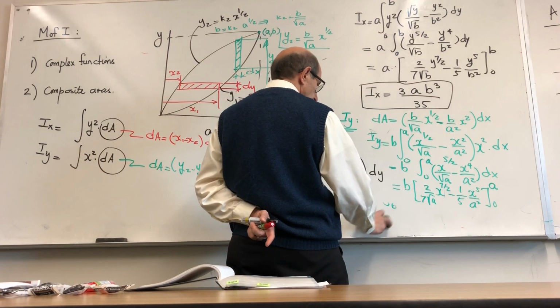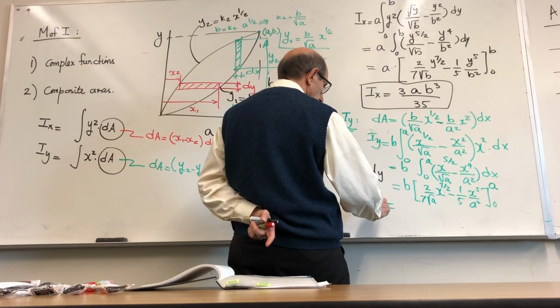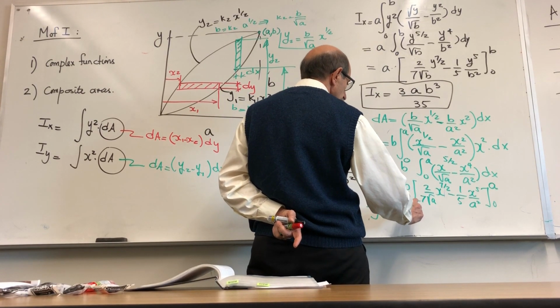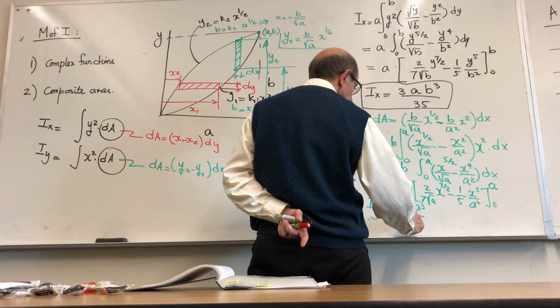If you perform that and simplify, I sub y comes out to be 3b a cubed over 35.